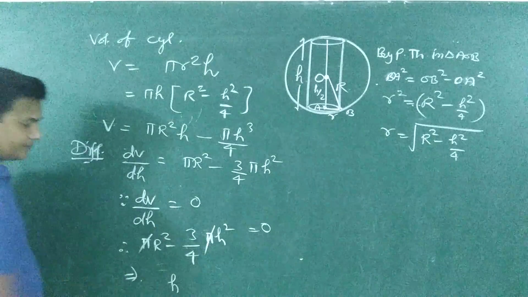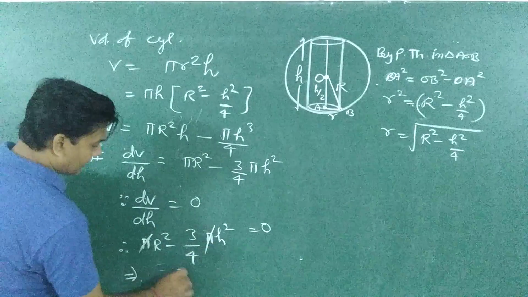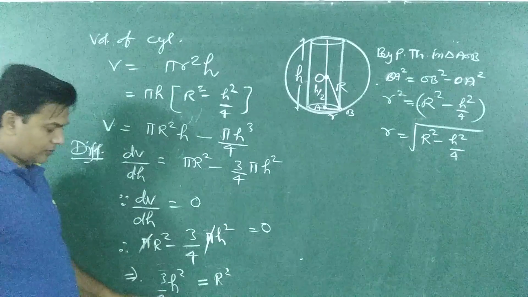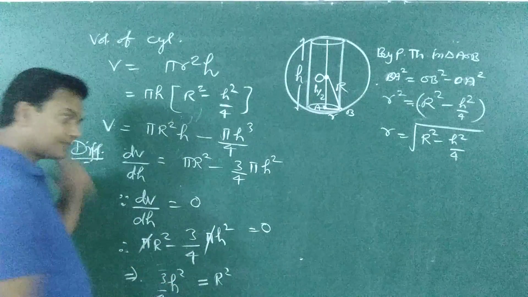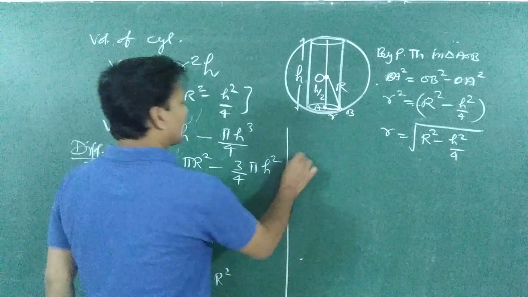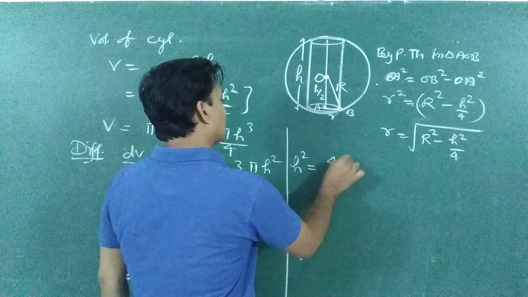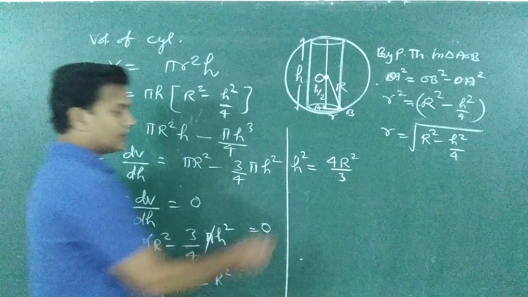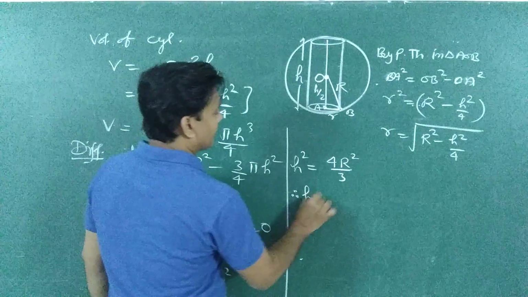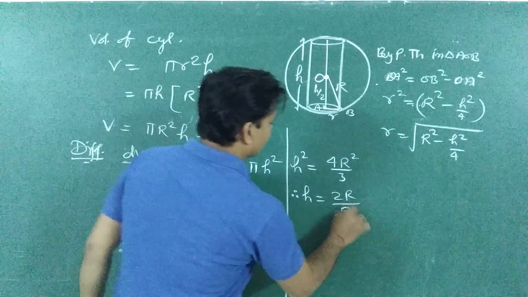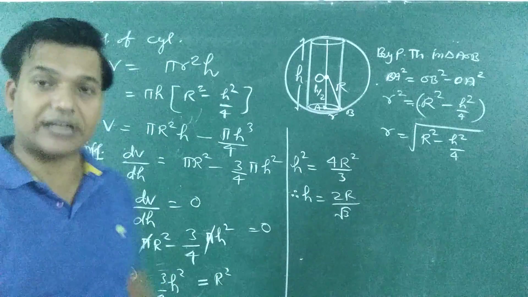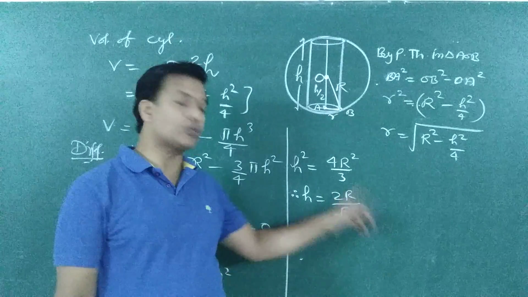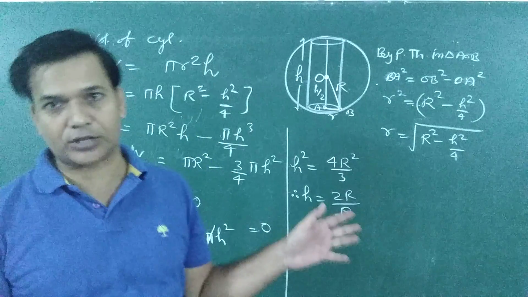Pi is cancelled, so 3 by 4 h square equals r square, so h square is 4 r square by 3. Taking the square root, h equals 2r by root 3, which is the height of the cylinder. That is what we had to prove, that the height of the cylinder should be 2r by root 3. So the first part is proved.